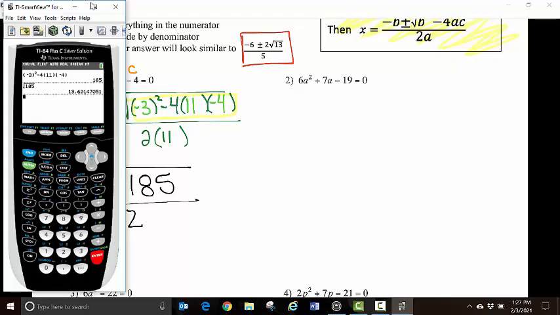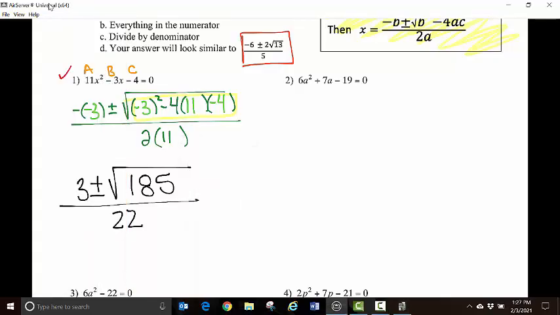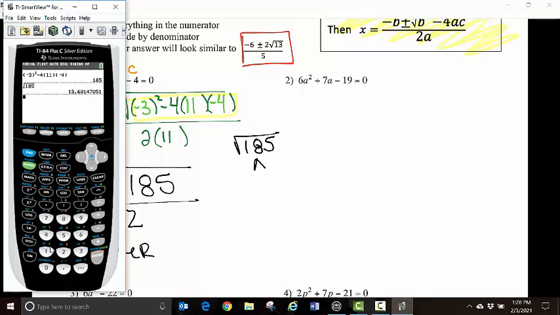Oh, it's a decimal. So we're going to need to make a tree to simplify it, because this is your answer, but we want a better answer. So guys, let's make a tree. What multiplies into 185, and you can just start dividing. I see there's a 5 at the end. So 185 divided by 5, and I get 37.